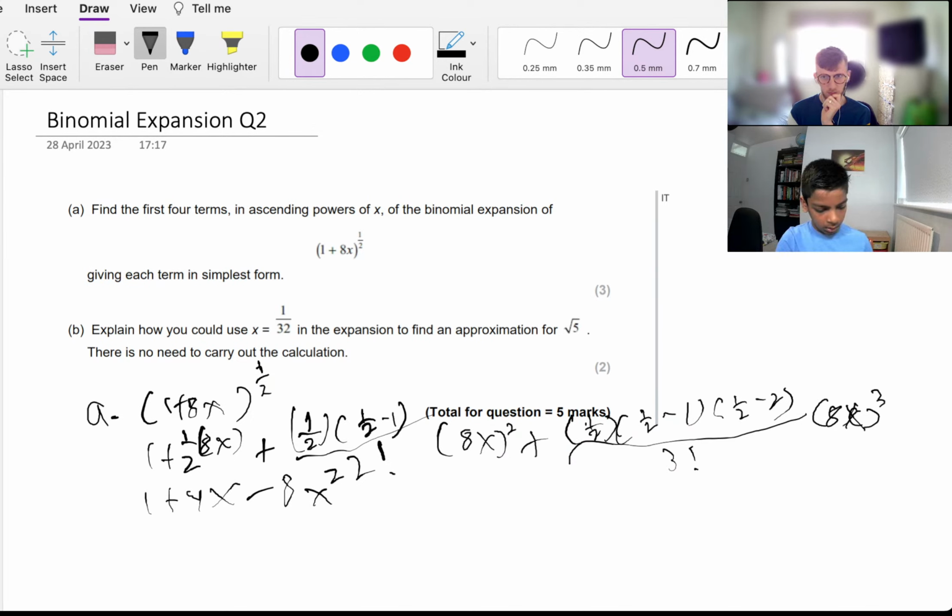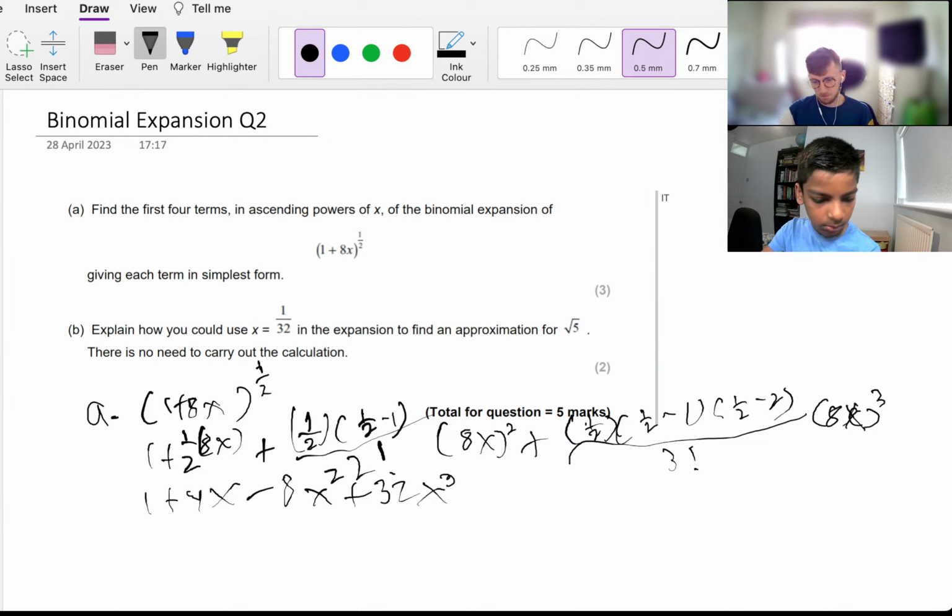And then a half times (a half minus 1) times (a half minus 2), divided by 6, times 8 cubed, it's 32x cubed. Brilliant, 32x cubed, and it gives that.